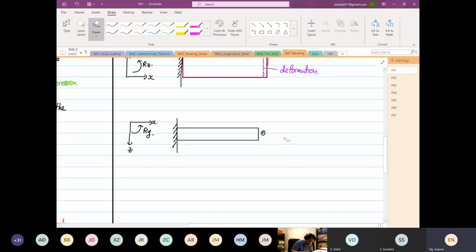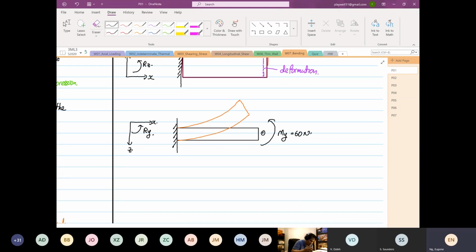So the top right hand rule, the thumb points towards your eye, and your fingers grip. So now this is your moment about Y, and your moment about Y again is at 60 Newton meter. So now when you view from here, the structure will now deform this way.